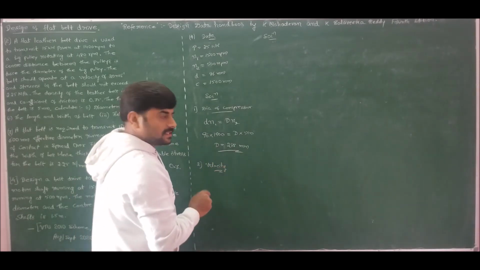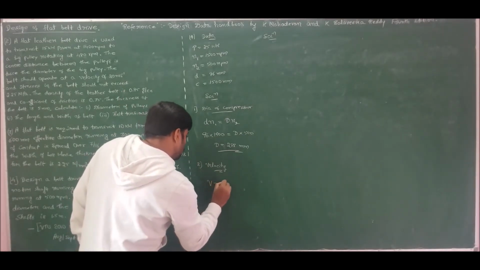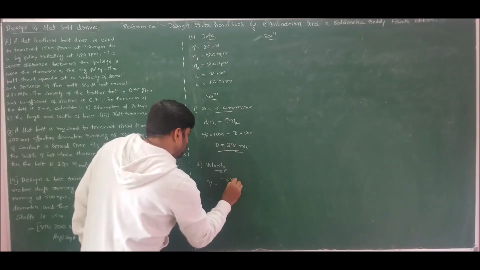Next, in step 2, calculate the velocity. Since the belt thickness is not known to us, we should not consider the belt thickness. So therefore V is equal to pi d N1 by 60,000.